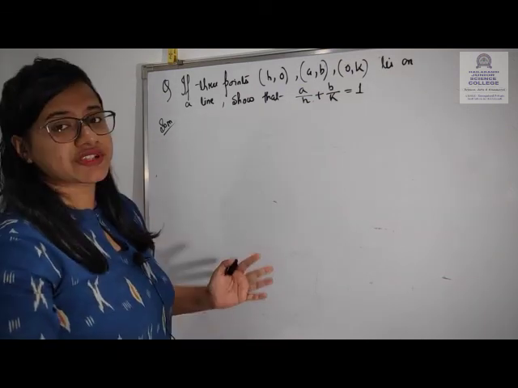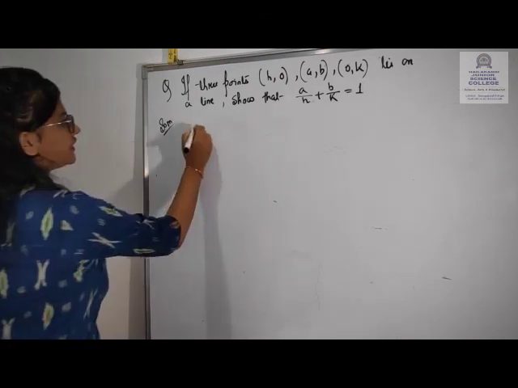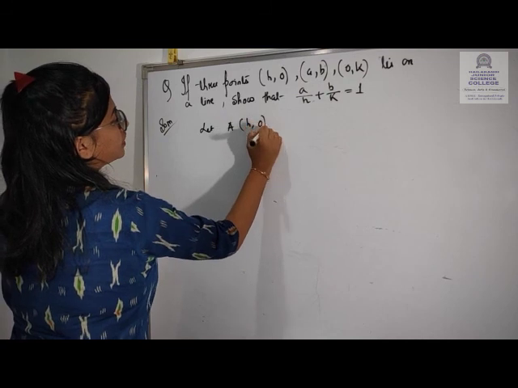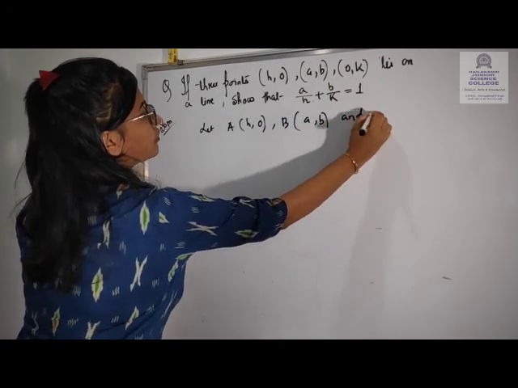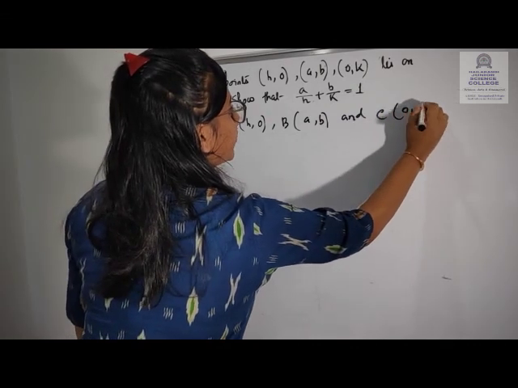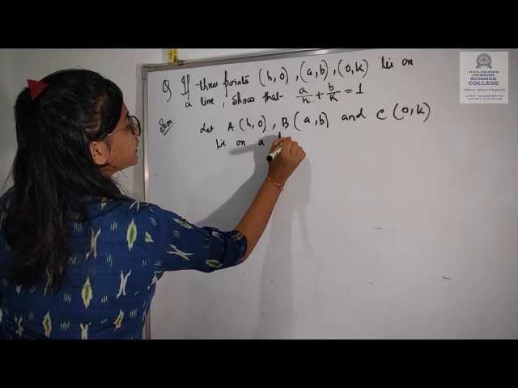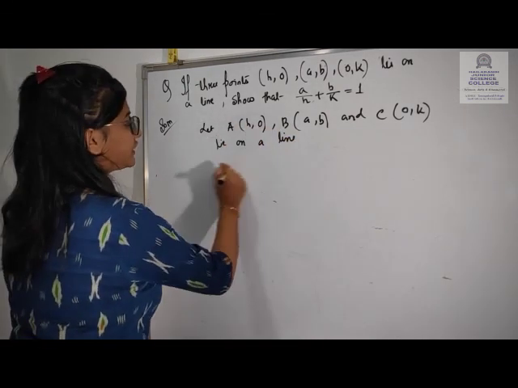Means these 3 points are collinear. So what will be the slope of this line? Let the points be A (h, 0), B (a, b) and C (0, k). They lie on a line, means these 3 points are collinear. So what will be the slope of the line AB?